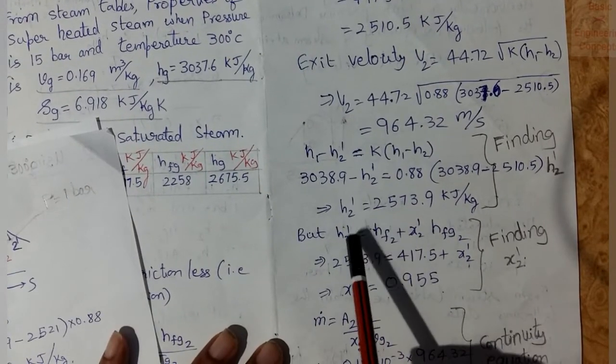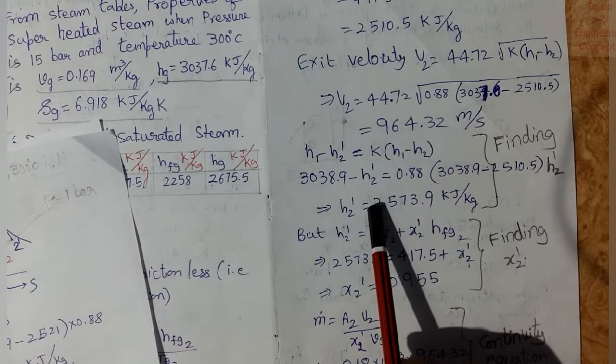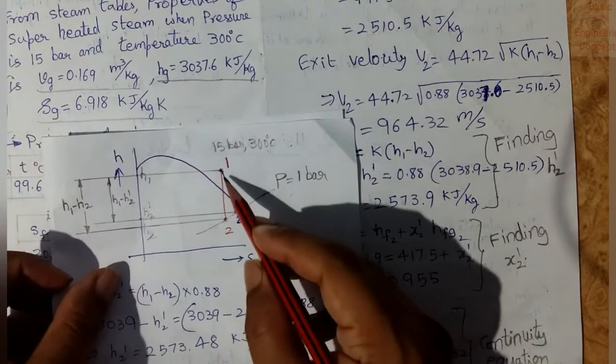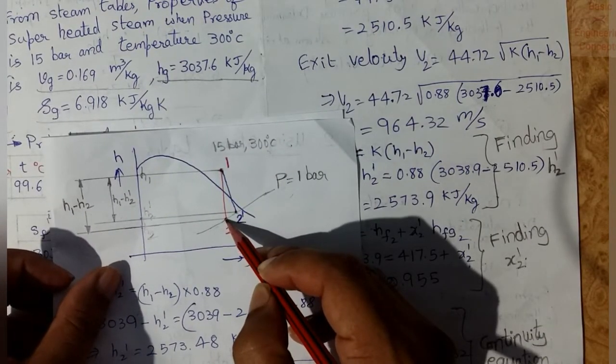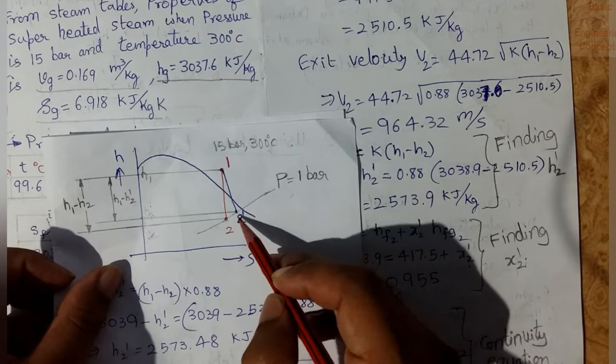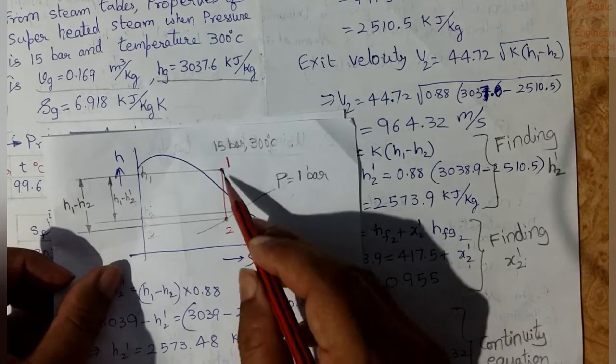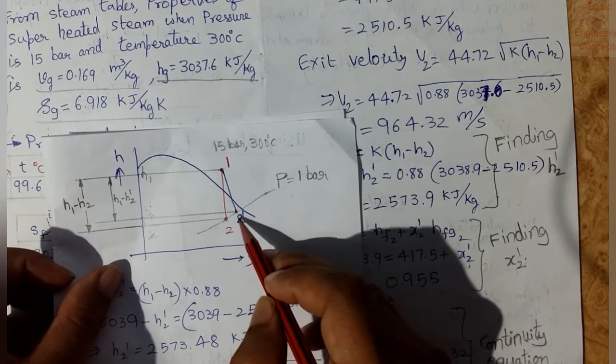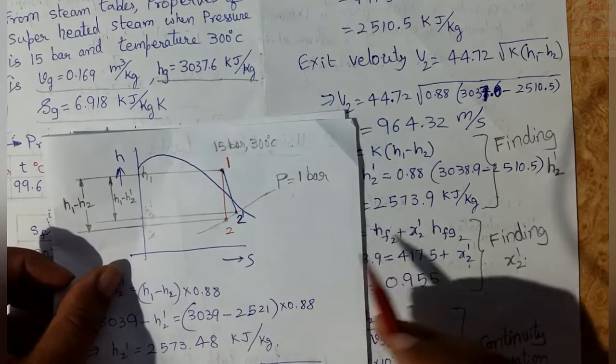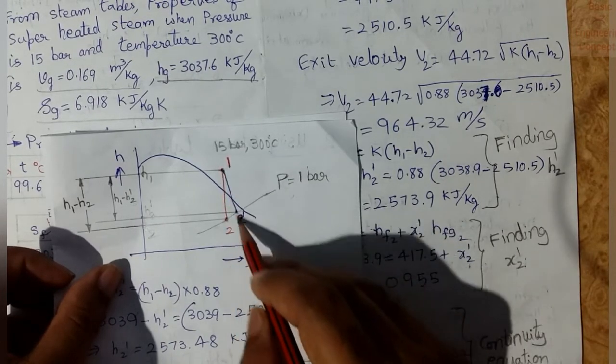But what is H2 and what is H2 dash? 1 to 2 is an isentropic process. 1 to 2 dash is the actual process. That is given in the question. You have to find this H2 dash.